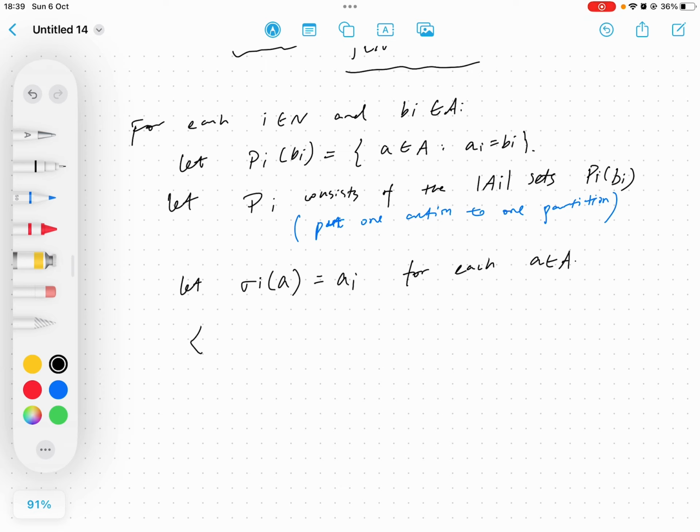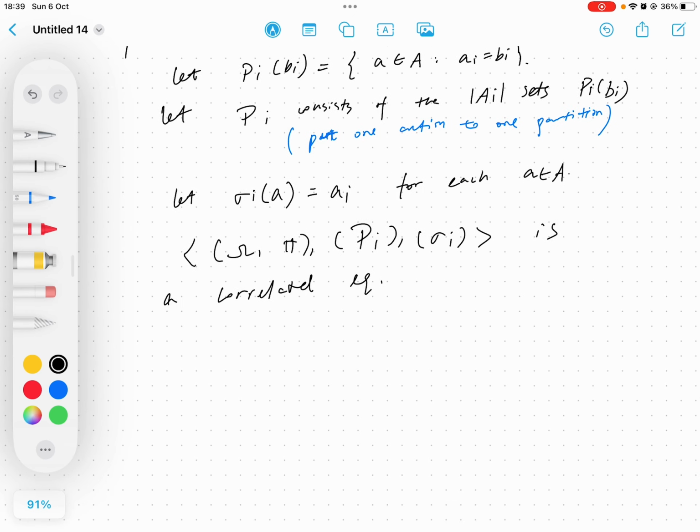So this tuple, omega, pi, curly P, sigma, phi, is a correlated equilibrium, because it satisfies the inequality that we mentioned, for each strategy deviation tau.